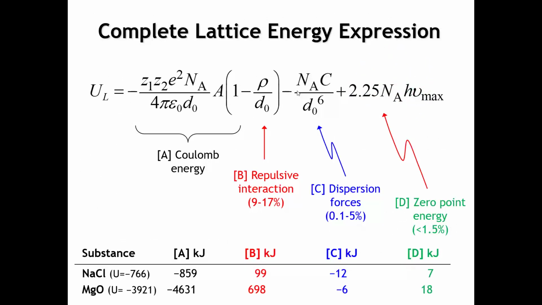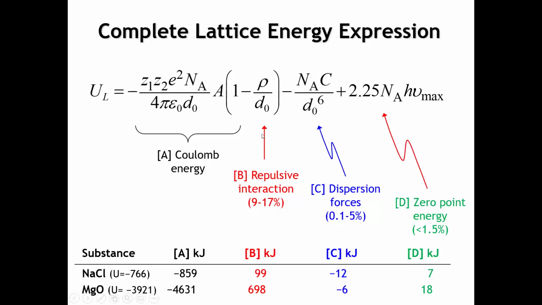Now, it is possible with these kinds of relatively simple calculations that we can add a couple more terms to take into account factors that we know we're neglecting. So up to this point, we've basically just used these first two terms, right? The Coulomb energy, right? So that's basically just the interaction between these ions, and that gives us a negative number, and that's the major part of the energy that comes out of this expression.